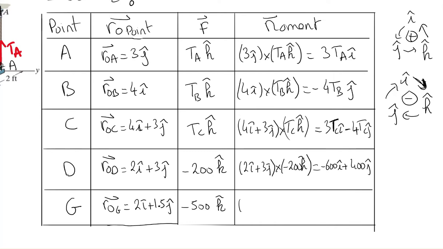And this one is 2 I hat plus 1.5 J hat cross minus 500 K hat. I cross K minus J, so 1000 on J hat, and 1.5 times J cross K, it's minus, because there's a minus, 750 on I hat.